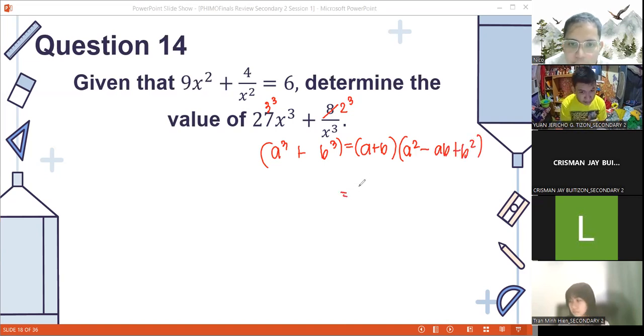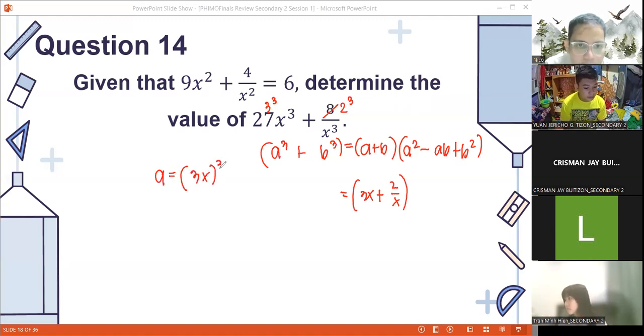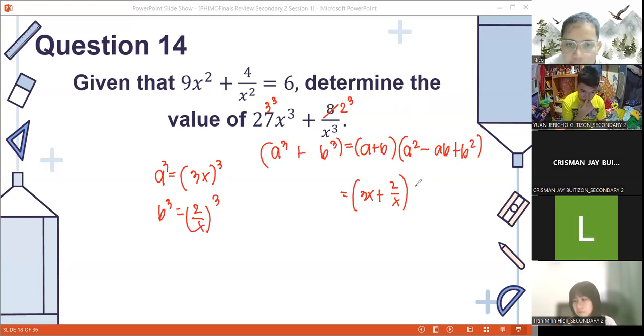So this one will become 3x plus 2x. Again, your a here is gonna be 3x cubed, while your b cubed here is 2x cubed. Okay, so this is 9x squared minus 6 plus 4x squared, right?